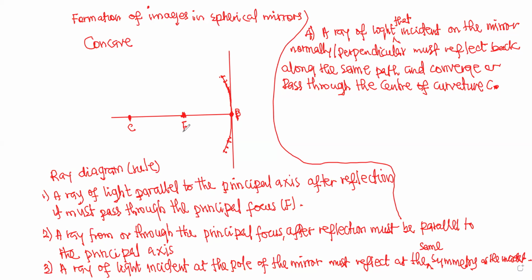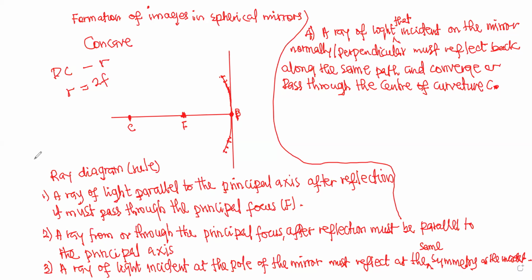Please, is CP equal to 12? PC is equal to the letter R, the radius of curvature, and R must be equal to 2 times the focal length F. So PC is equal to 2F.